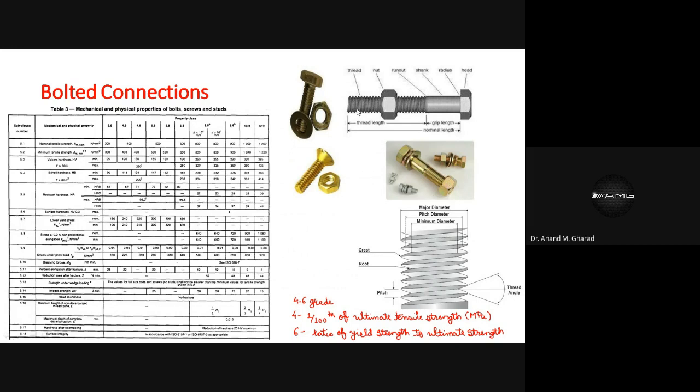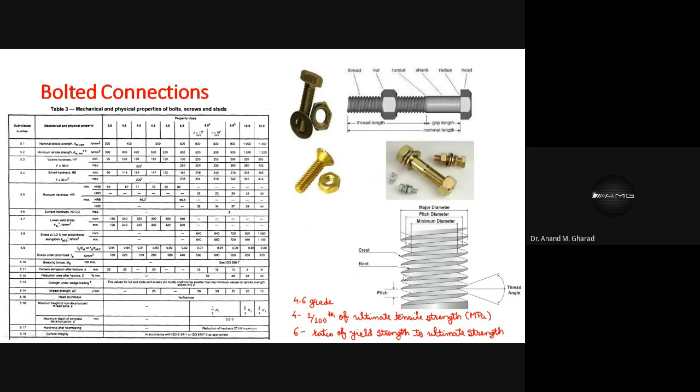Then for the threaded portion, you will see there are different parameters which are defined. Like this outer to outer distance is known as the major diameter. Then this is the minor diameter, so minimum diameter, inner to inner. And then this is known as the pitch diameter. What is pitch? Pitch is nothing but the distance between these two threads.